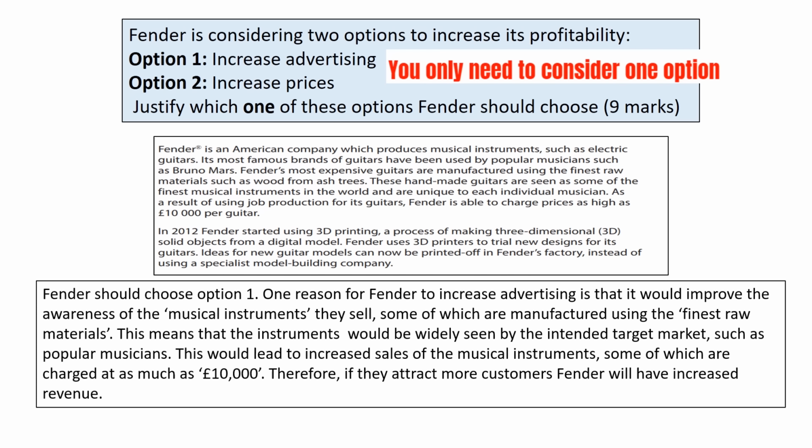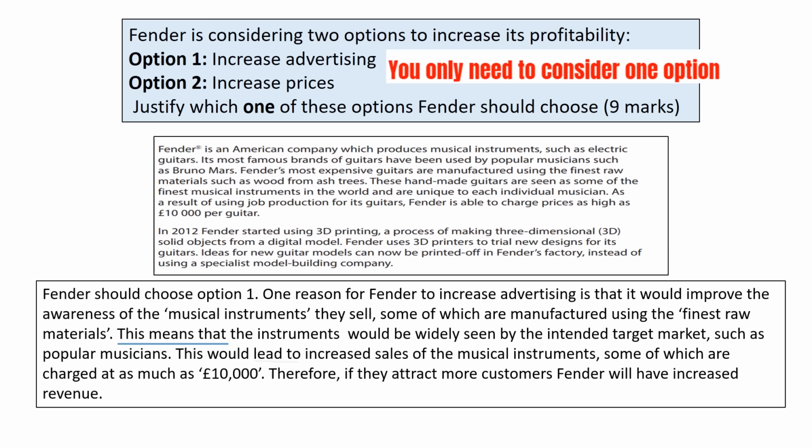Fender should choose option 1. So straight away, getting to the point, choose an option. One reason for Fender to increase advertising is that it would improve the awareness of the musical instruments they sell, some of which are manufactured using the finest raw materials. This means that the instruments would be widely seen by the intended target market, such as popular musicians.